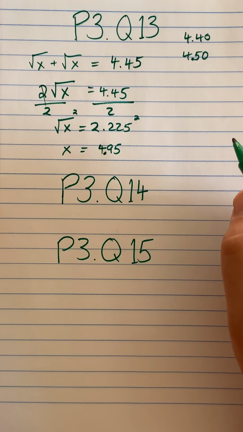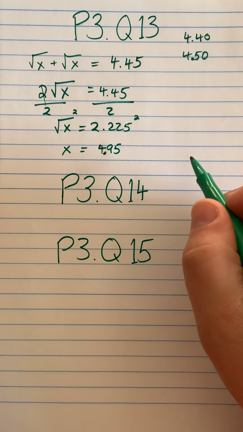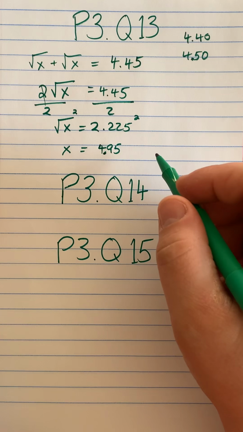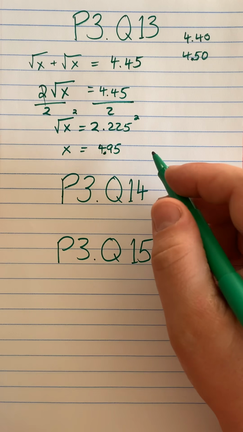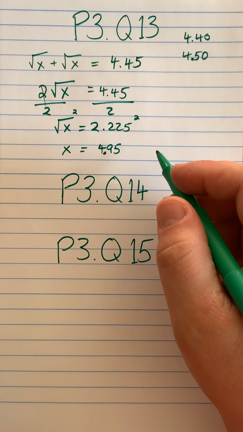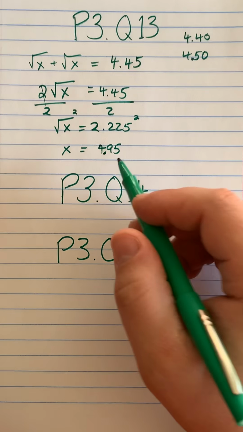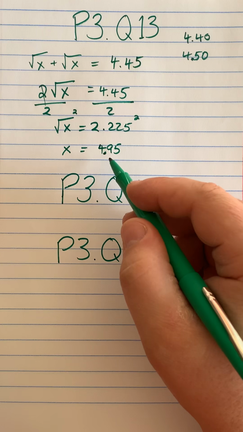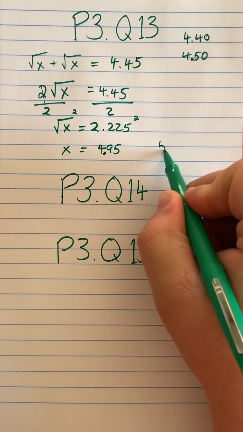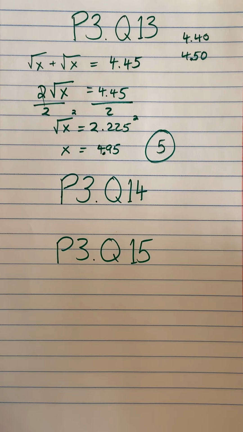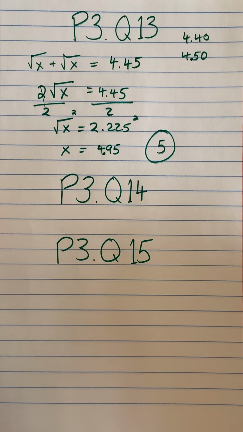Okay, so I would probably just round that, and if you look carefully, it says where x has to be an integer. Okay, so what is an integer? Remember, an integer is a whole number. So 4.95 would not be acceptable, but the closest integer to 4.95 would be 5. And now I'm realizing I just did the whole problem for you, but that's okay.